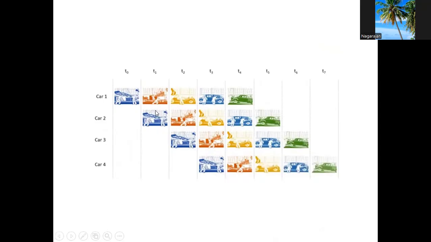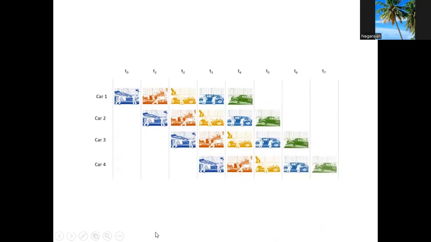And whenever T1 comes, another car may start to be manufactured. At last, at T7 they can complete all the process. That means car 1 manufacturing is over and goes for checking and delivery, then the same for car 2, car 3 and car 4.